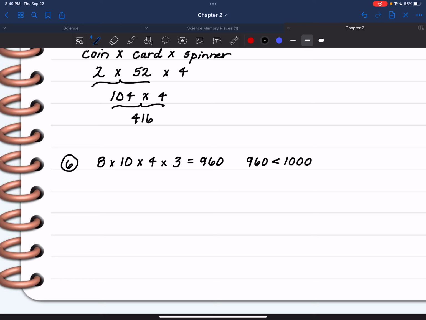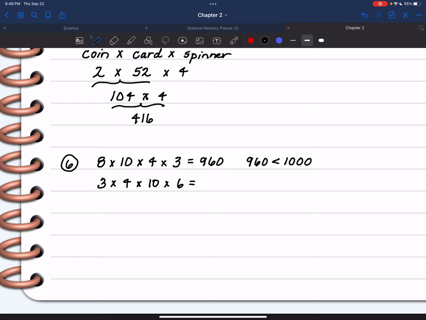In B, we have 3 pairs of eyes, 4 pairs of ears, 10 noses, and 6 mouths. I can already tell you this is not it because this much is the same. And 6 is less than 8. So this is going to be even less than 960. But let's do it the right way.